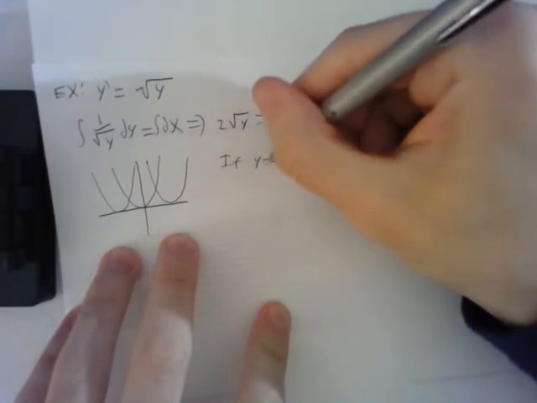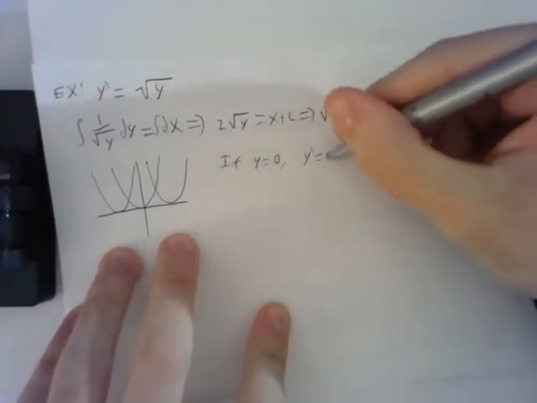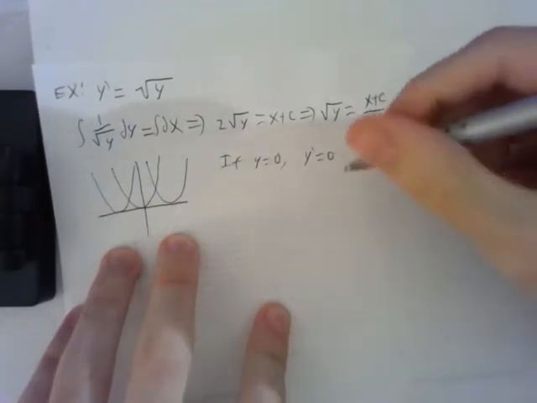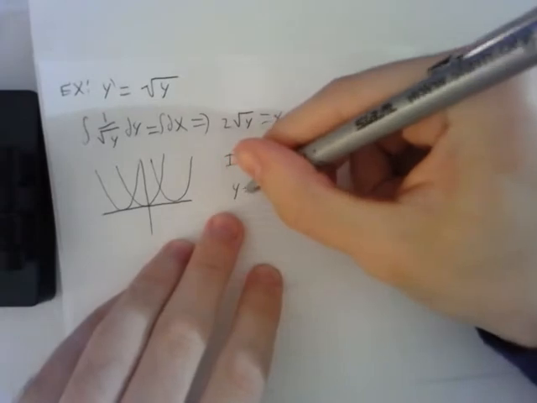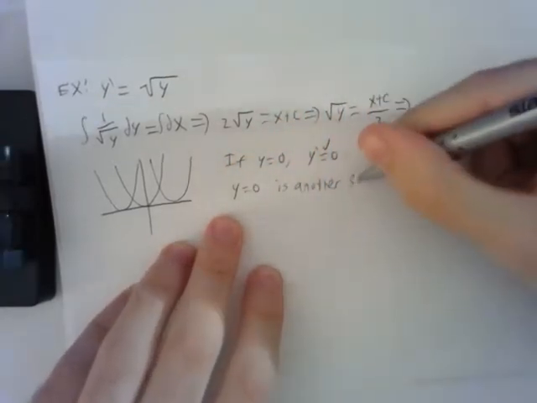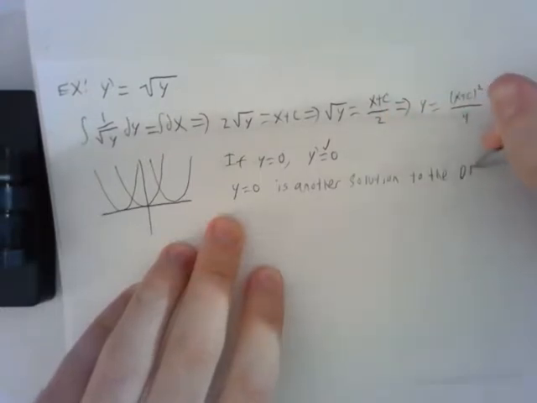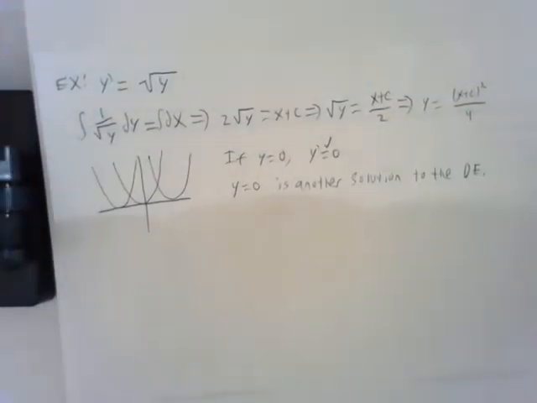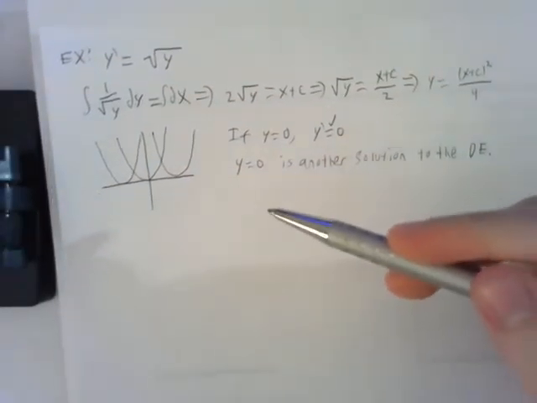If y is equal to 0, the equation just becomes y prime equals 0, and since y is equal to 0, of course this is true. So y equals 0 is another solution to the differential equation.